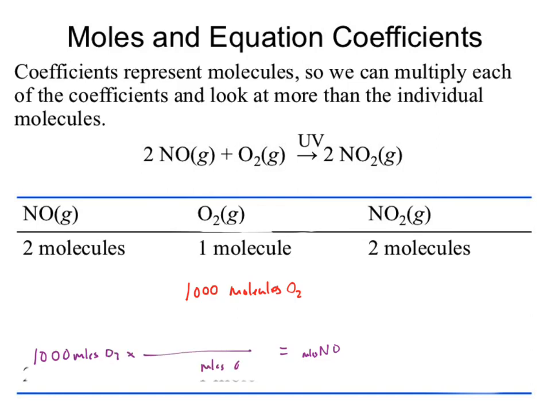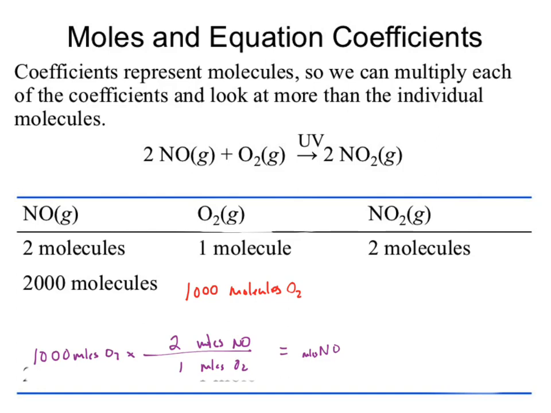Molecules of O2 needs to cancel. Molecules of NO needs to show up on top. What number shows up with molecules of NO? 2. What number shows up with molecules of O2? 1. What's my answer? 2,000.